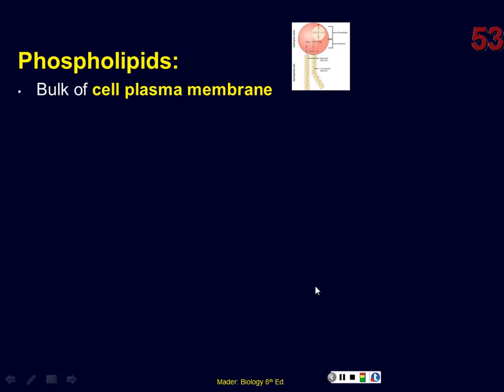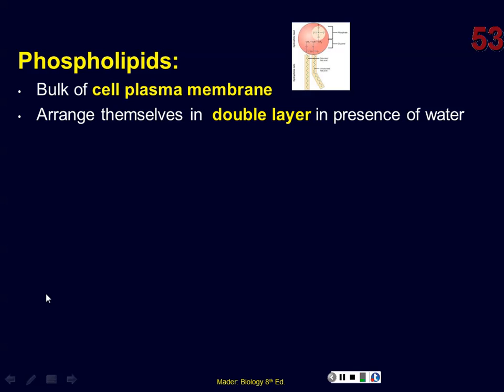But your cells, both inside and out, are 70 to 90% water. And those tails hate water. So what happens with these phospholipids is when they're in the presence of water, the tails try to get away from the water. So they're going to form a double layer around your cell to insulate the tails from the water.